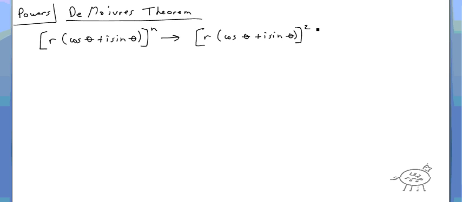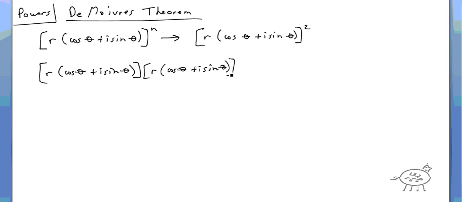Let's see what happens when you just do squared. So let's write it out. It's r times cosine theta plus i sine of theta, and that's times r times cosine theta plus i sine of theta.